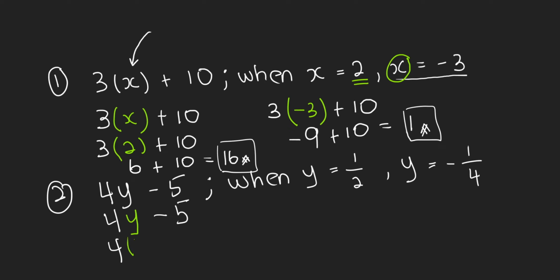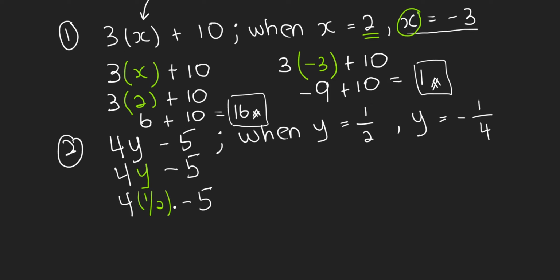So I'm going to multiply that with half. I'm just putting it in the bracket so it's not confusing, because now we're having two numbers. If I write it without the bracket, then it looks like 4.5. But now it looks like 4 multiply half minus 5. So that would be 4 times half, or half of 4, is 2, minus 5, and that will yield negative 3.